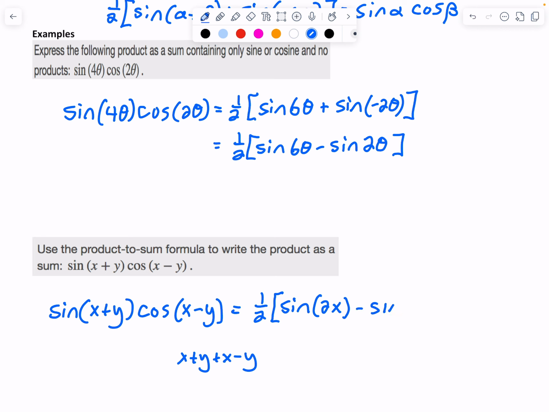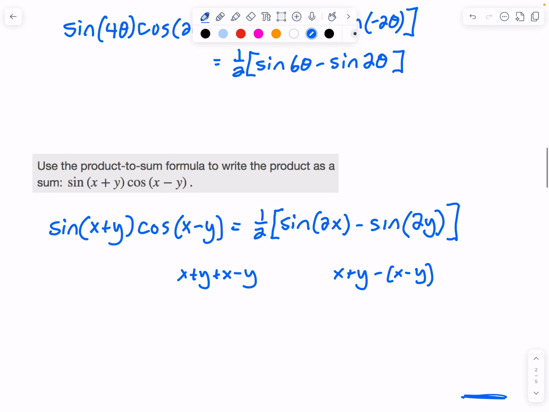Minus, okay, sine, and they want us to subtract them, so x plus y, and then you gotta be careful here, this is x minus y in parentheses. So I'm going to end up getting 2y, right? That's a great answer. All right, so that's how we use the formulas. Not too bad as long as you know them.